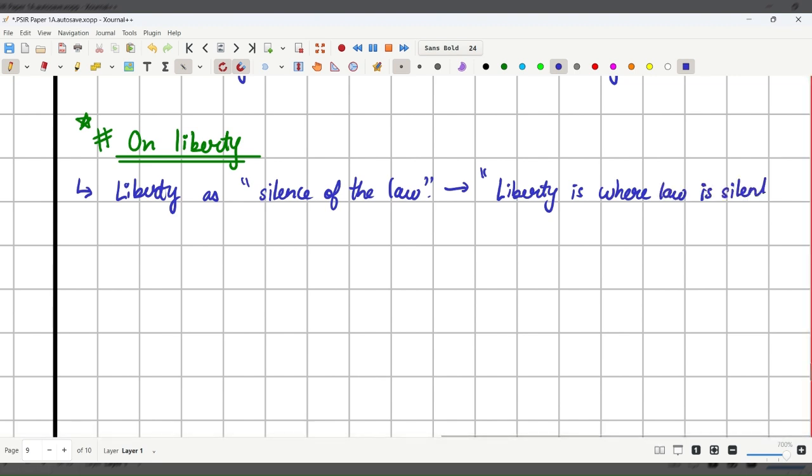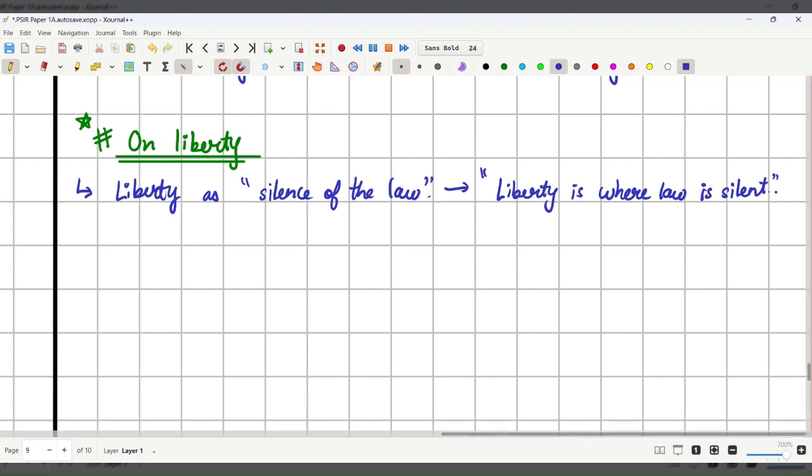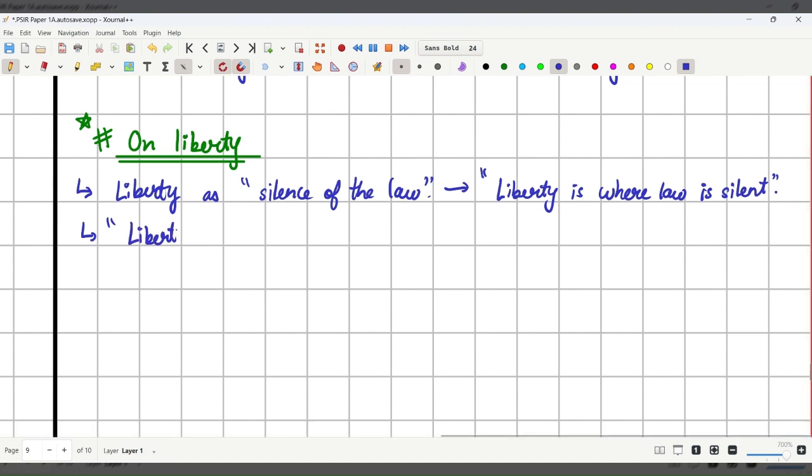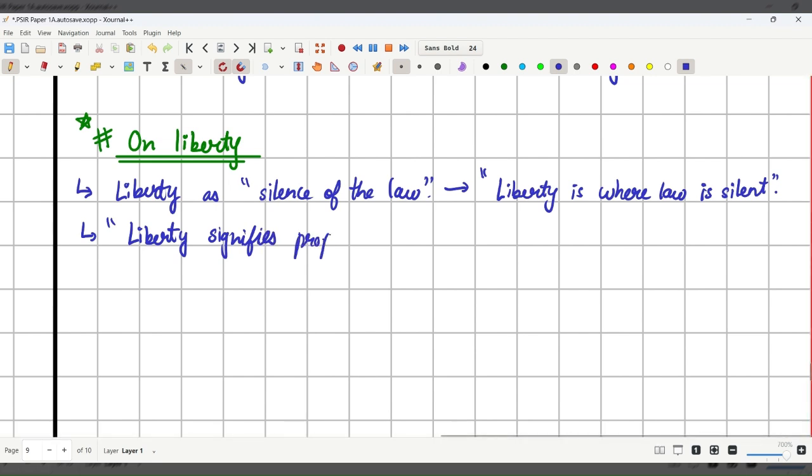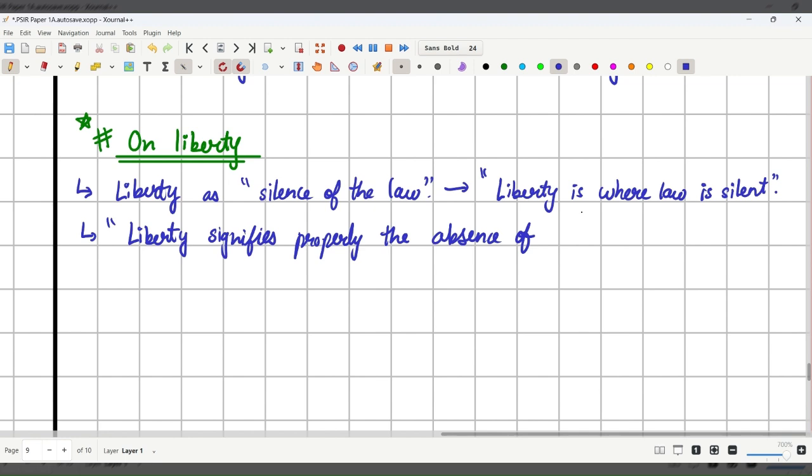So that is what I explained before. According to him, liberty signifies properly the absence of the absolute authority of the state.